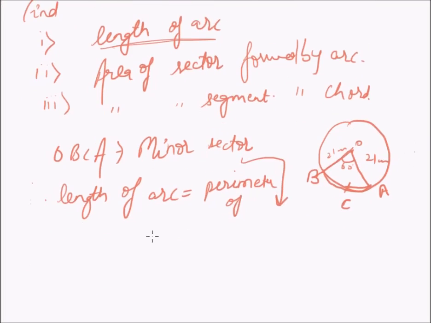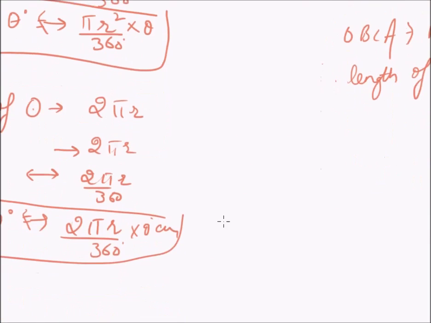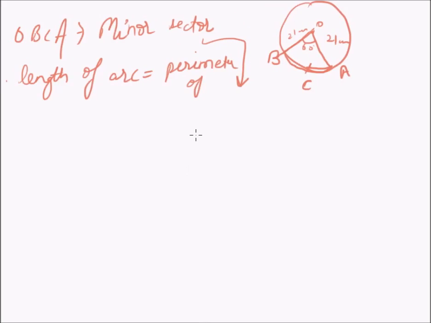Now what is the perimeter of a sector? We have calculated that the perimeter of a sector with angle theta is 2 pi r over 360 into theta. So the length of this arc will be 2 pi r over 360 into theta, that is 60 degrees.